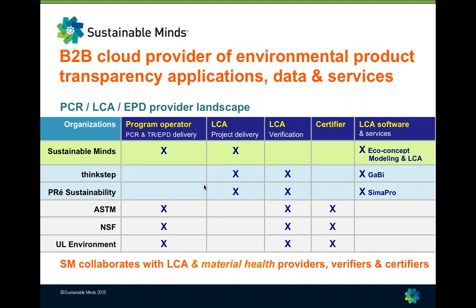The LCA provider collaborates with other program operators, because you can see in this slide, we chose not to be in the certification business. We think there are other program operators who are much better at that, and not an expertise we care to develop. And also it allows us to have a wider group of collaborators to work with. So that's where we fit in the landscape.